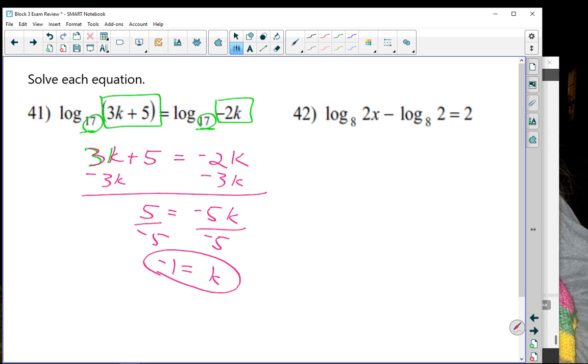This is number 42, write this down. Properties of adding and subtracting logarithms.